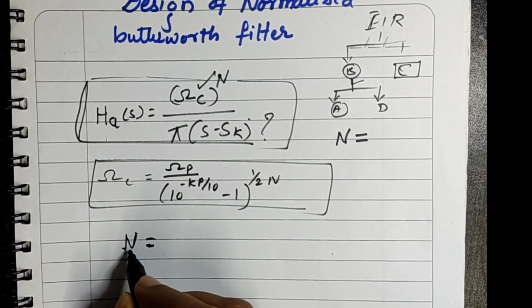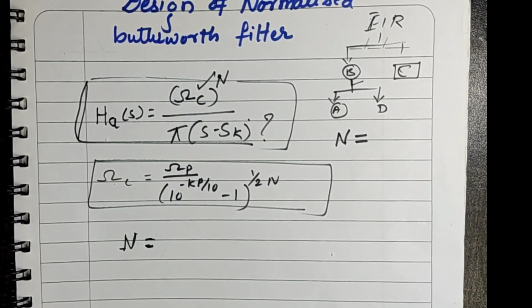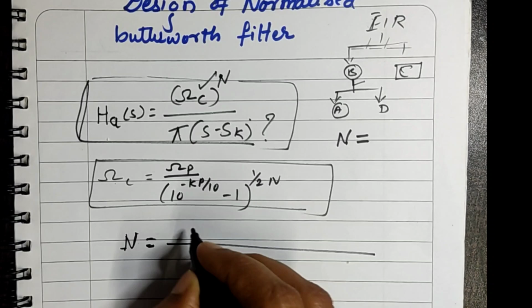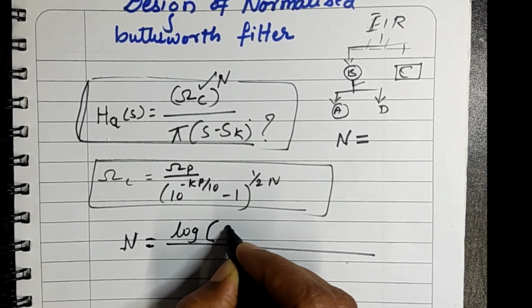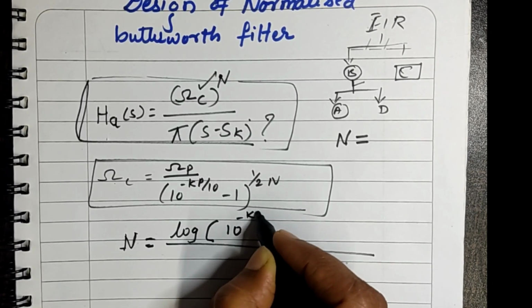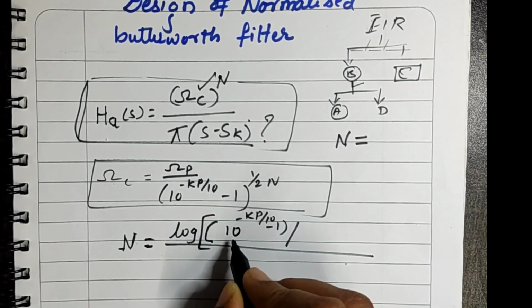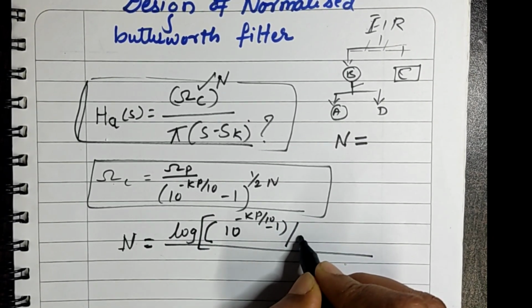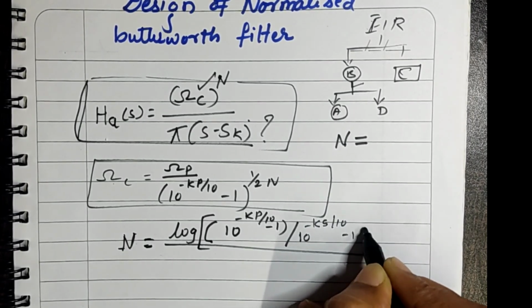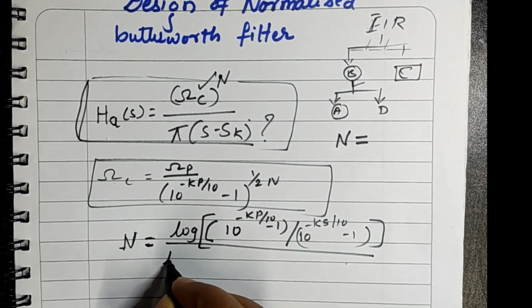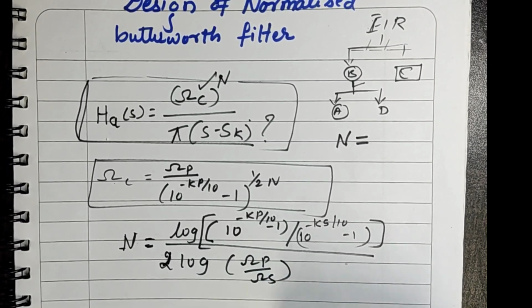Today we will see how to use that formula. n is equal to a ratio of log of (10 to the power of minus Kp by 10, minus 1) divided by (10 to the power of minus Ks by 10, minus 1), to log of Ωp by Ωs.